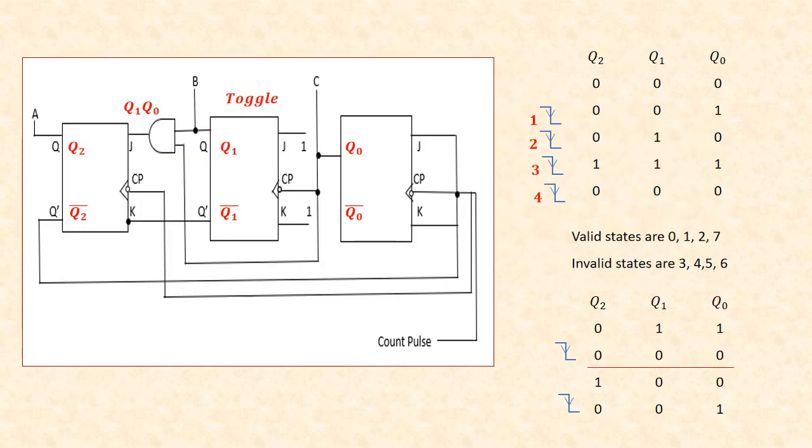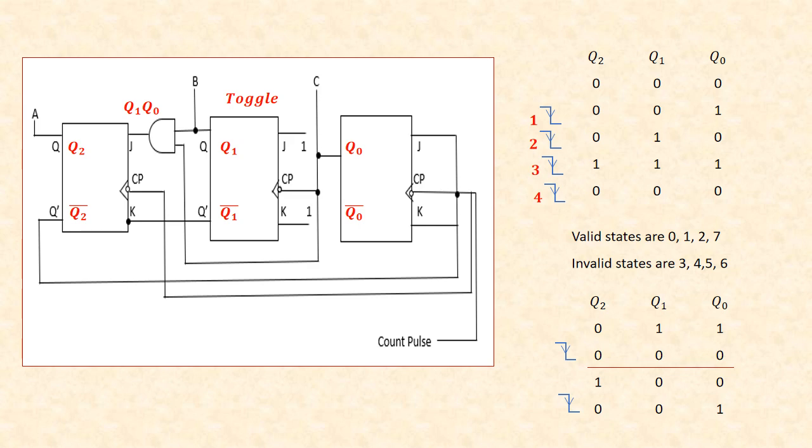First, let us consider the flip-flops from right side as F0, F1 and F2. The outputs of these flip-flops are Q0 and Q0 bar, Q1 and Q1 bar, and Q2 and Q2 bar. The output of our AND gate is Q1 into Q0.